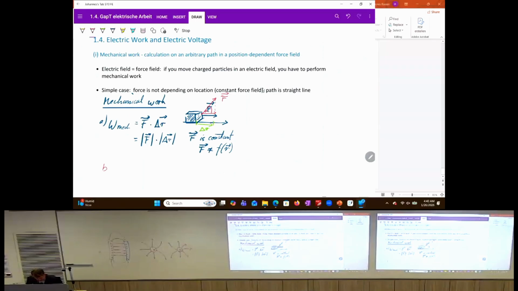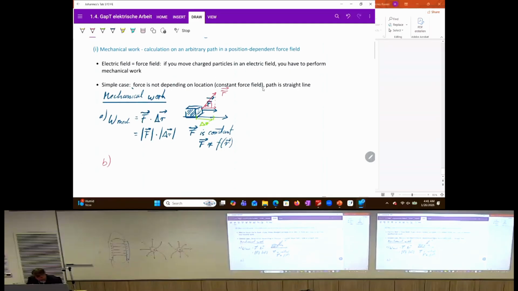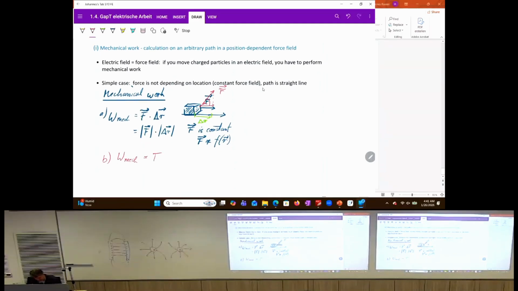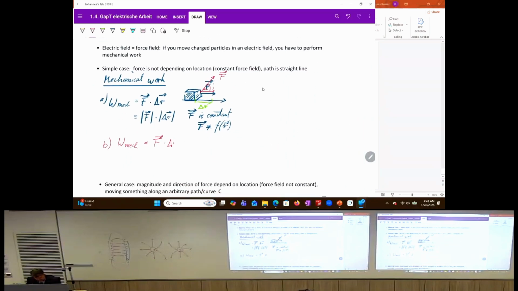So that is the second scenario where you bring up a mechanical work, and again you have to take the inner product of the force vector times the delta r. But now this is not just the product of the magnitudes of the force and the r vector.